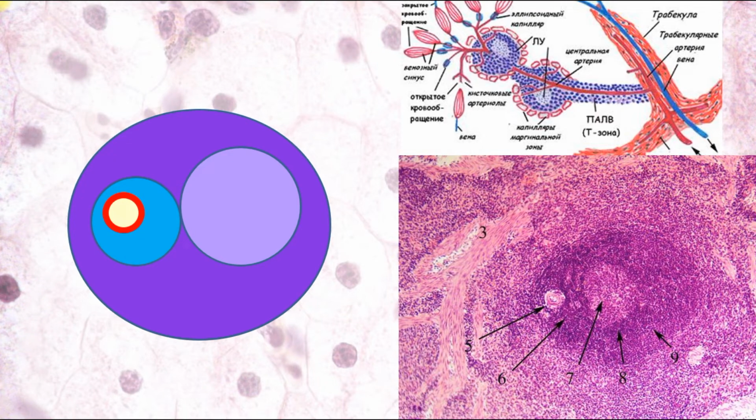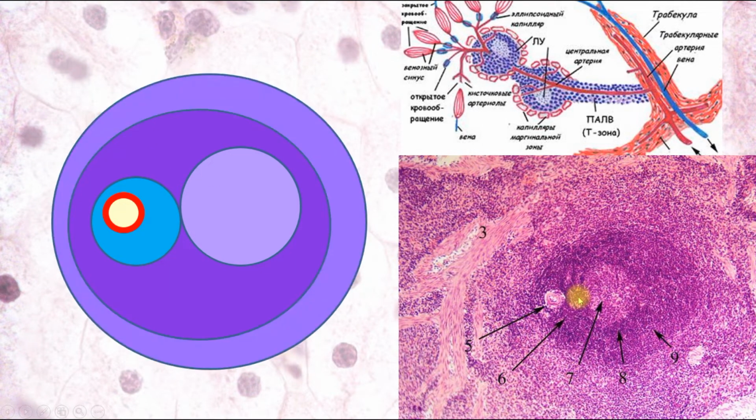And also we have a fourth zone in the lymph follicles of the spleen. It's the marginal zone. The most peripheral zone is the marginal zone. So we have four zones of lymphatic nodules in the spleen: periarterial, germinal center, mantle zone, and marginal zone.